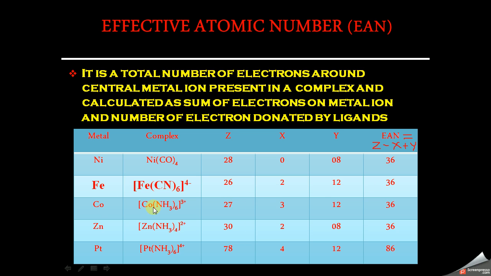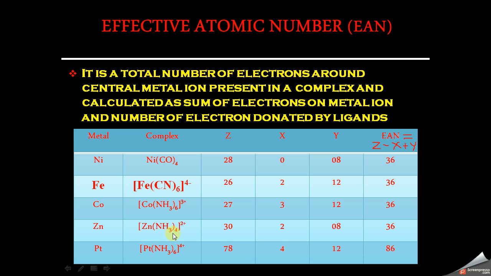Similarly, cobalt in [Co(NH3)6]3+, the atomic number is 27, the charge is 3+, and the number of electrons lost by cobalt is 3. There are 6 NH3, each donates 2 electrons, so 12 is the Y value, and 27 minus 3 plus 12, 36. Then zinc gives Zn2+, so the X value is 2, the atomic number of zinc is 30.